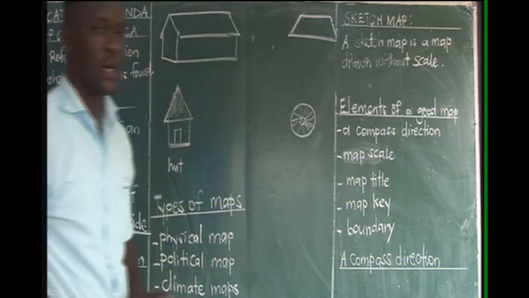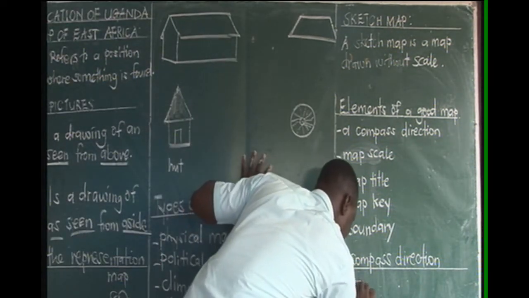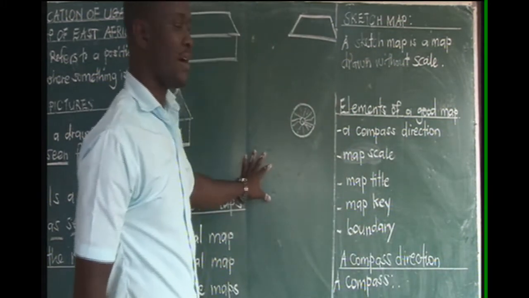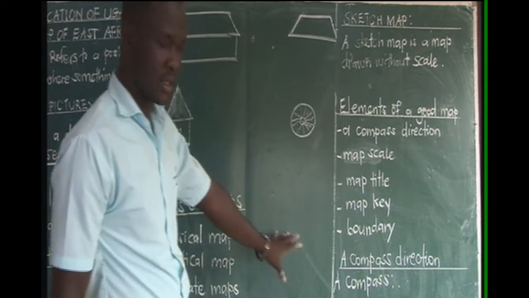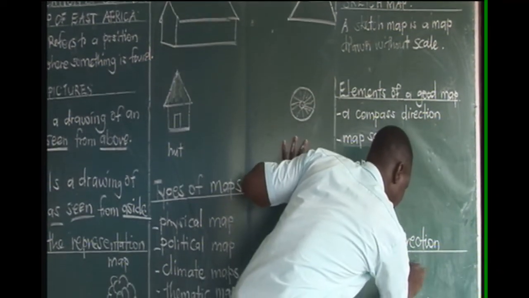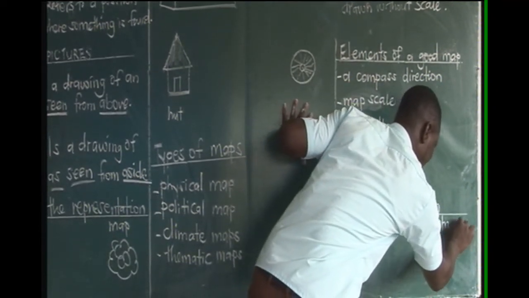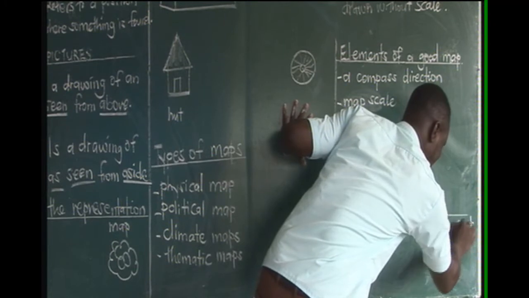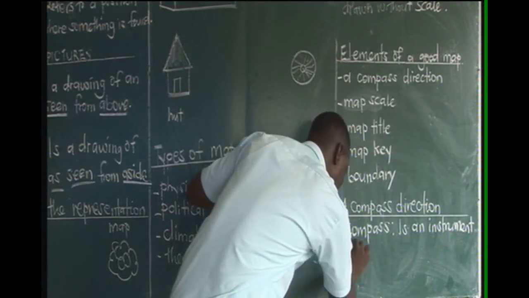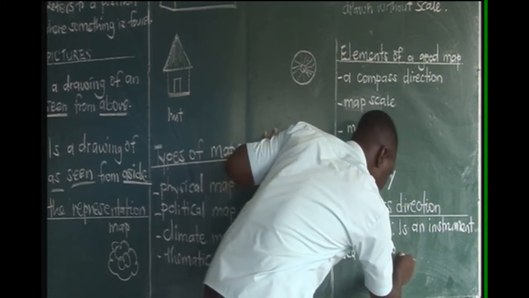Now here we are going to look at two things. We have what we call a compass only, and then we have a compass direction. Now a compass is an instrument used to show directions or used to locate places.